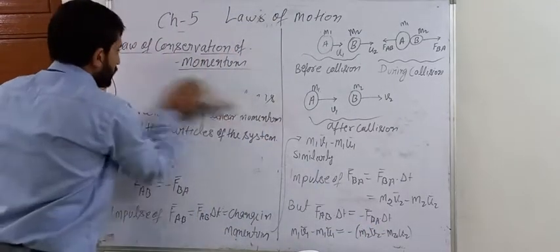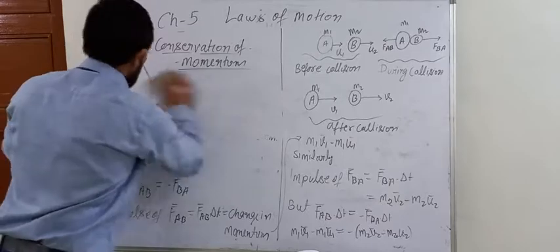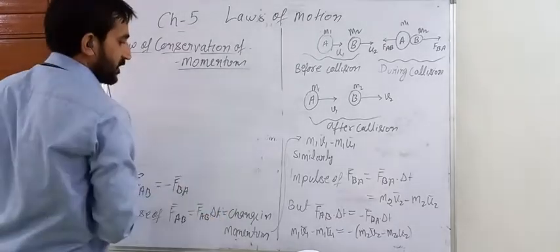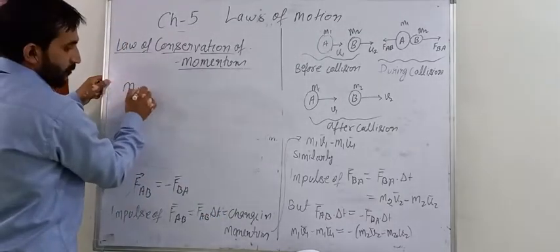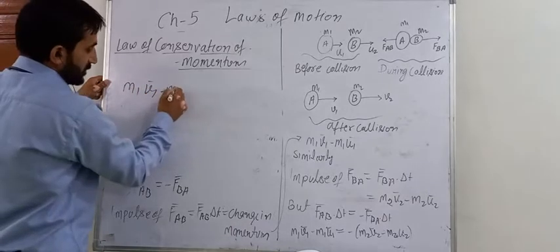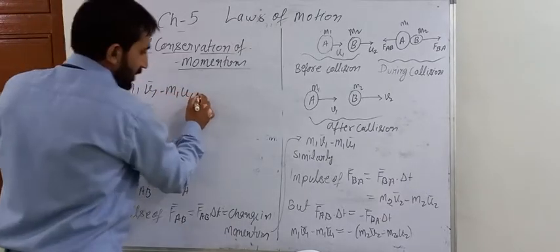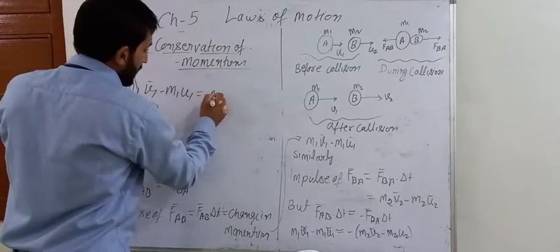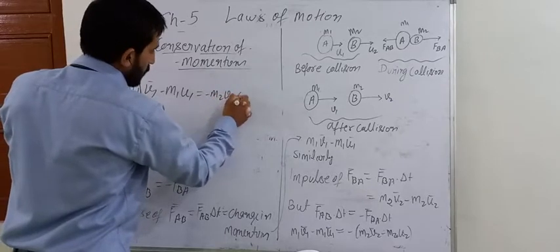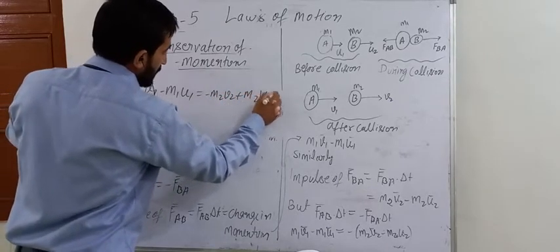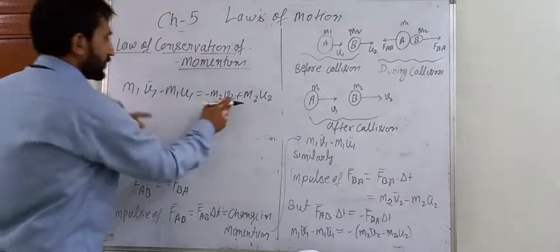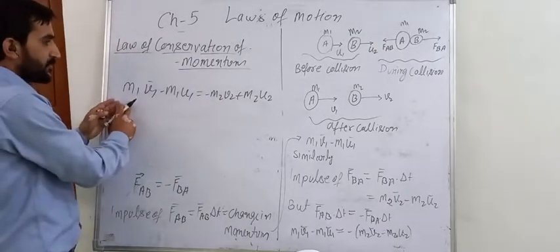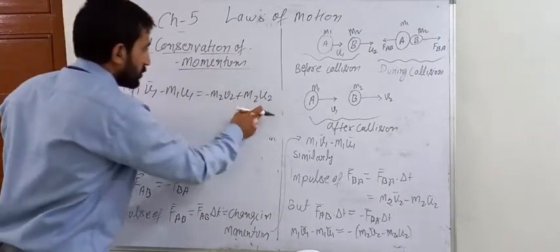Here, what you will find, it becomes M1 V1 minus M1 U1 equals minus M2 V2 plus M2 U2. This quantity will come to this side and become positive, and this will go to that side.